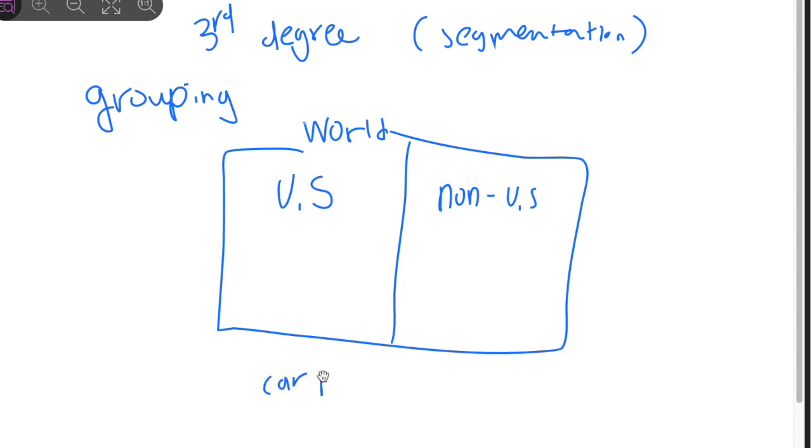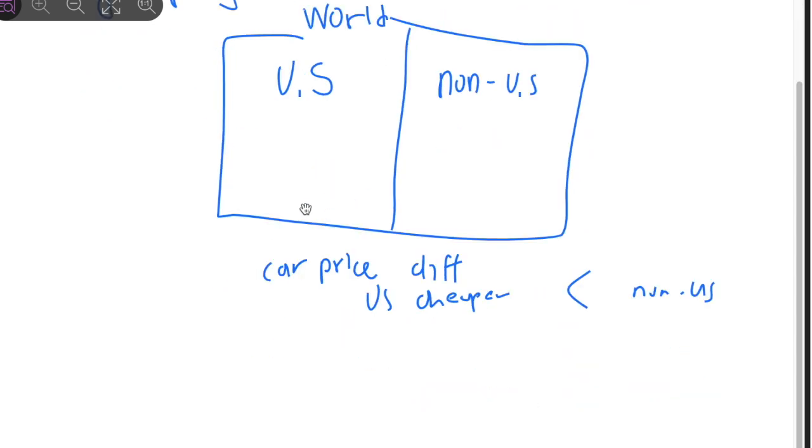The car price is different. Usually the car price in the US is cheaper than in non-US countries, so it is expensive in the non-US. What about textbooks, right? Although most of the publishers are from the US, the textbook prices are significantly high in the US market.